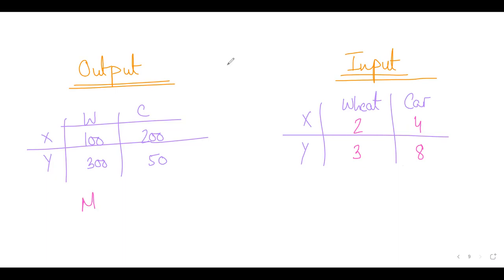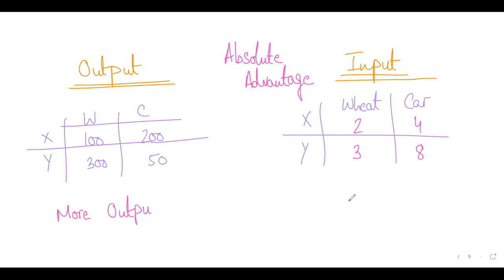So for absolute advantage, here's the rule. We are writing the rule. For absolute advantage, it should be more quantity or lesser resources. Are you absolutely clear on this? More output means absolute advantage. More output that a country is producing means it has absolute advantage.